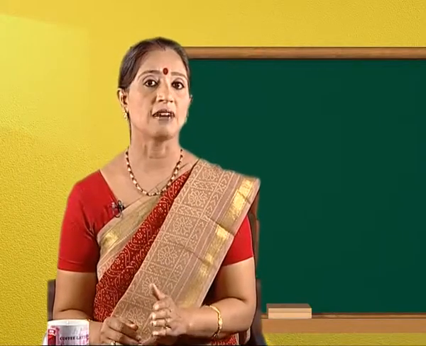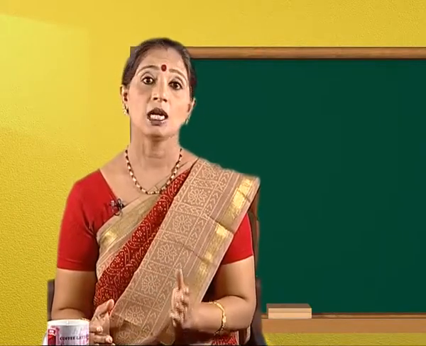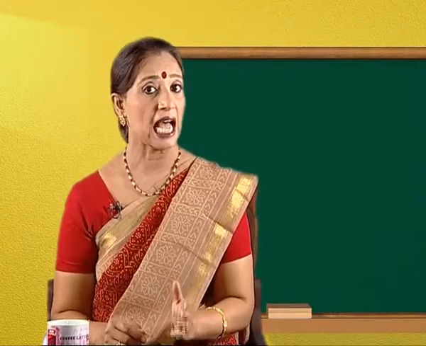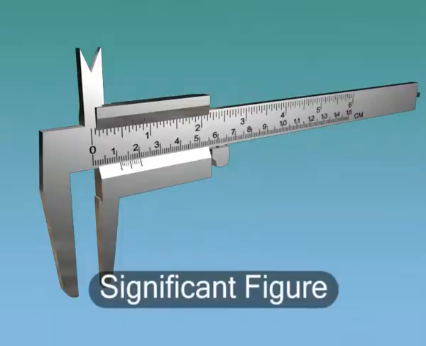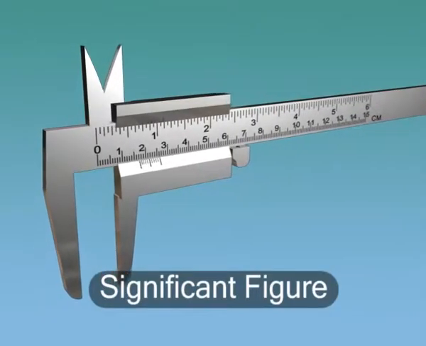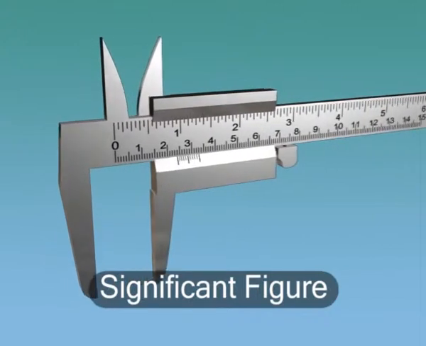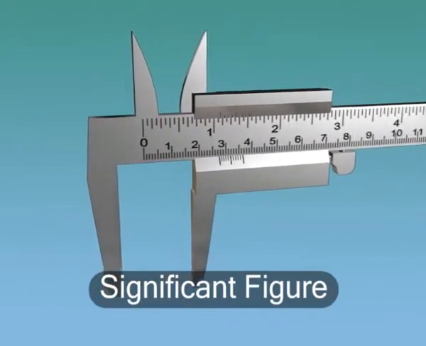The reported value may therefore lie between 1.325 centimeter and 1.335 centimeter. Let me show you the elements of measurement of a vernier scale.